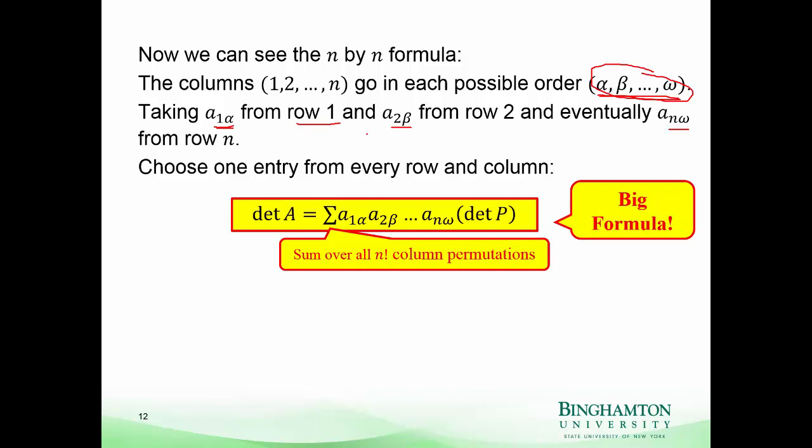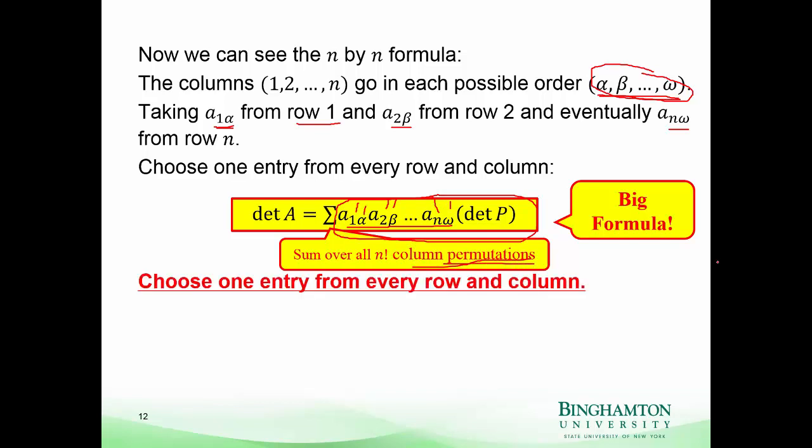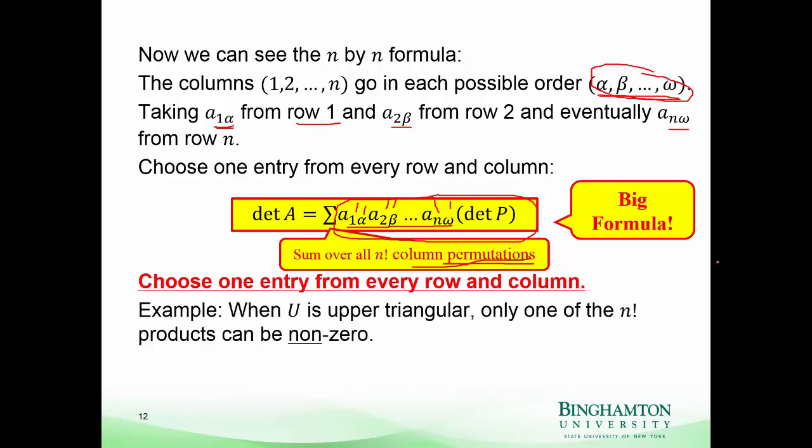The way we write this formula is like this. We're summing over all n factorial possible column permutations, so there will be n factorial terms here. This is our selection of elements out of the matrix, going rows in order and columns following some appropriate permutation. This is the big formula. In other words, again, choose one entry from every row and column.